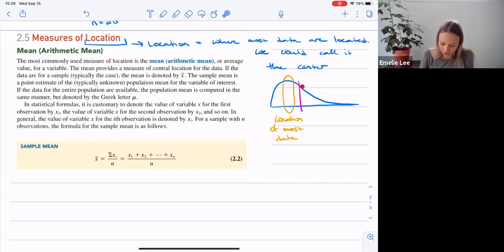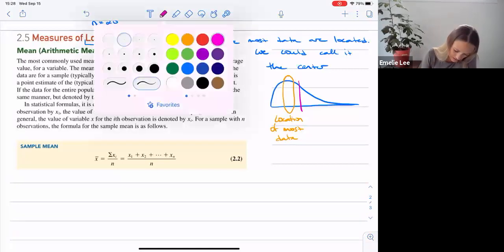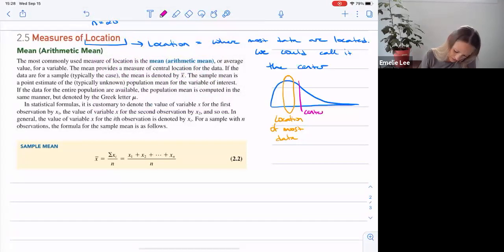But the measure of center or the actual center of this data might be here, right? And so I think that's why they're not using the word center, but if it helps you to think about it as the center, then that's fine by me. That's probably what I'm gonna do. But this is kind of the reason why they're calling it location instead of the center.